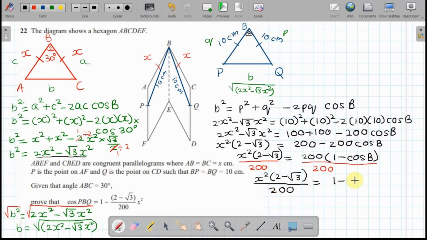That's equal to 1 minus cos b. So I'm going to add cos b both sides because I want cos b to be a positive value.